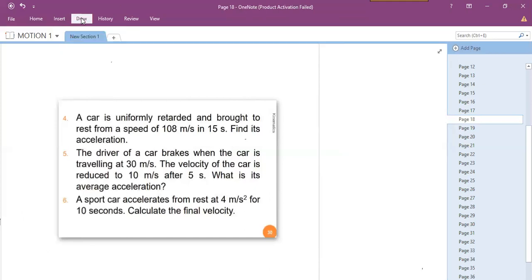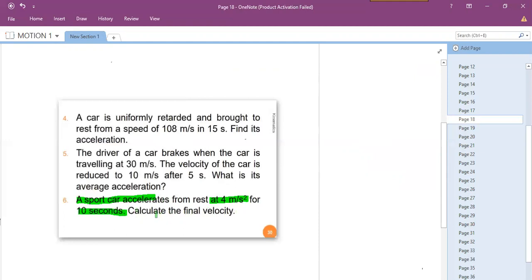So question number 6, we have a sports car here. We've been given the value of acceleration, so it's accelerating at 4 meters per second squared. And then you pause here, you tell yourself, where there is acceleration, there is change in velocity. And the time here that we've been given is 10 seconds.